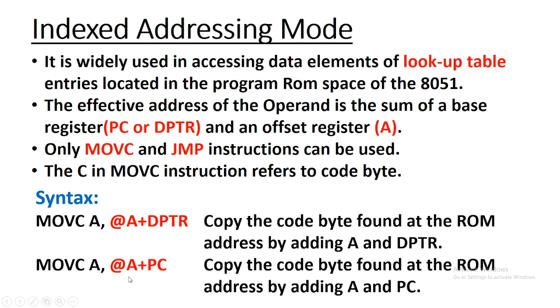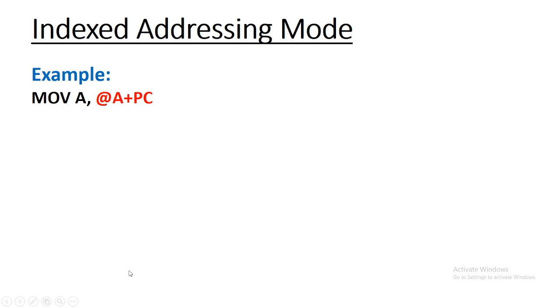The next instruction is MOVC A comma @A plus PC. PC is again a 16-bit register, A is an 8-bit register. The contents of both registers are added together to obtain the final 16-bit address, and from that address, data is copied into the accumulator.